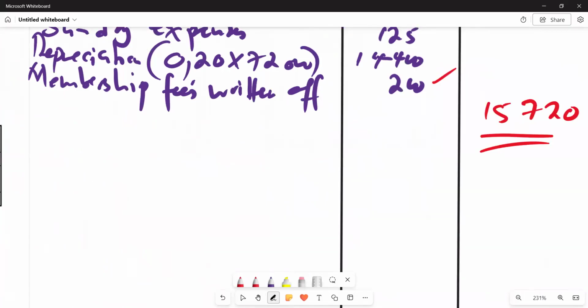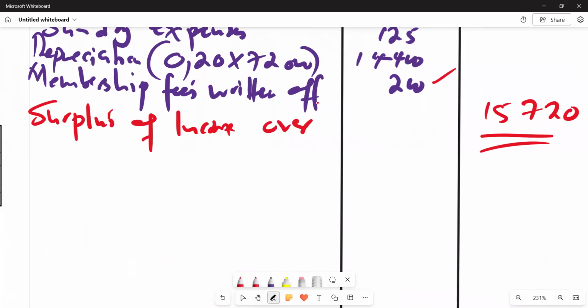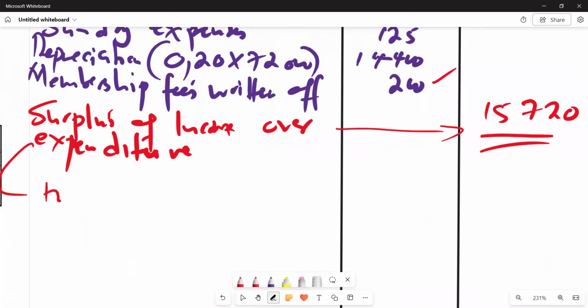Basically, this is surplus of income over expenditure. So the surplus of income over expenditure is this one, 15,720, which should be transferred to the accumulated fund.